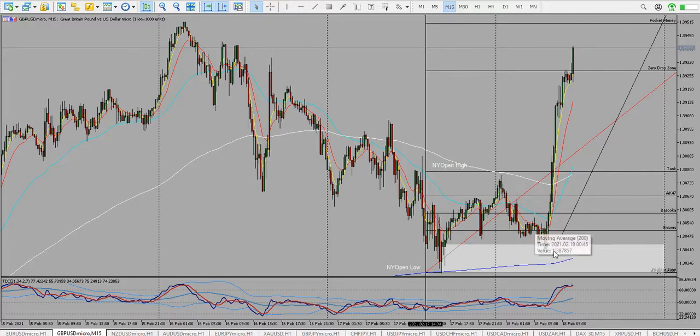Then this is our drop zone. Then when we put our Fibonacci, it was going to be like this.